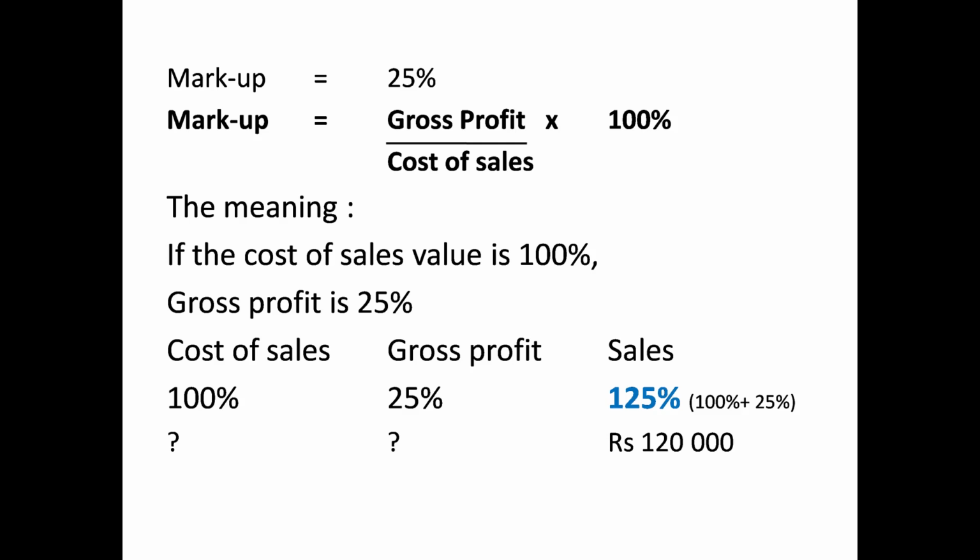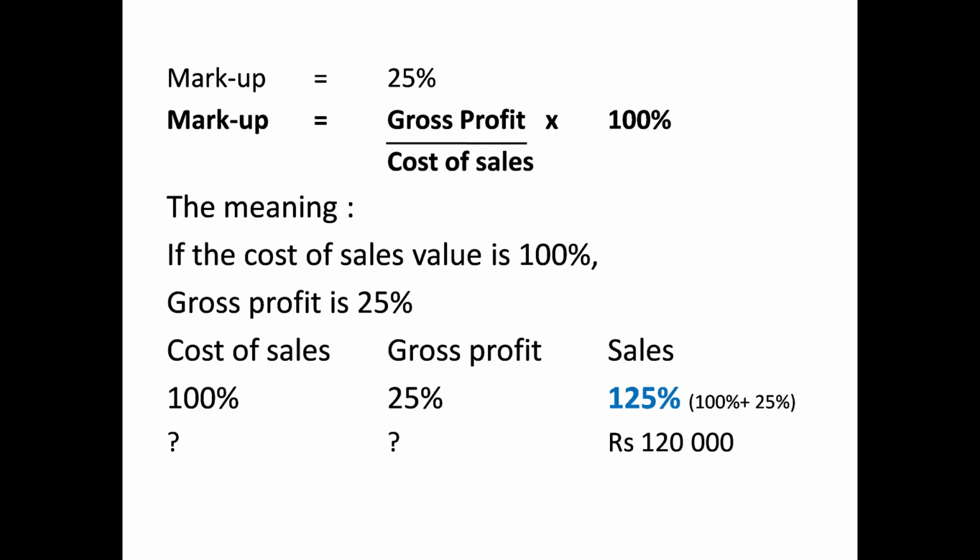Then you need to decide the sales value. Sales value equals cost plus the profit. Then 100 plus 25, sales value is 125. Then the next step, cost of sales actual value you don't know.